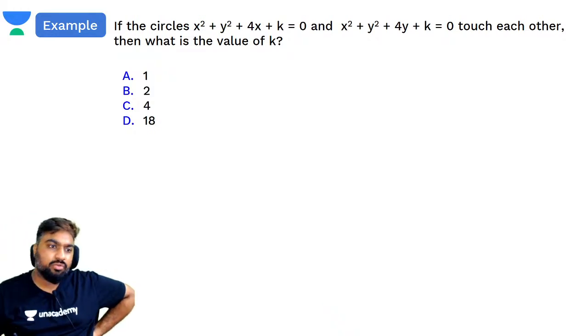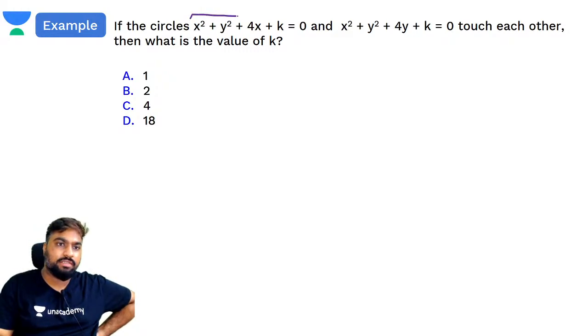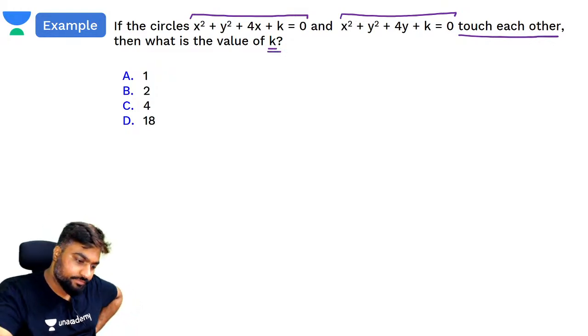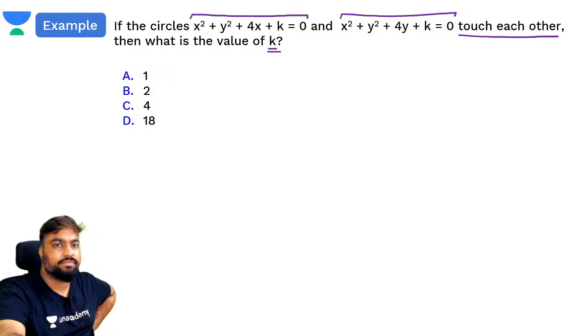So they've given two equations of circles: x square plus y square plus 4x plus k equal to 0, and x square plus y square plus 4y plus k equal to 0, and they say they touch each other. They're asking the value of k. Quickly try this.